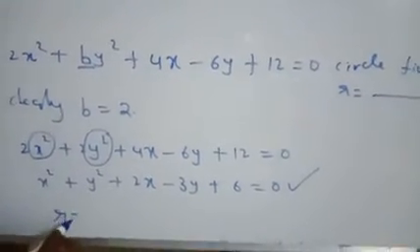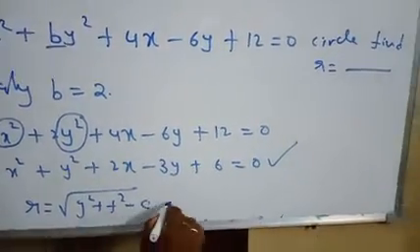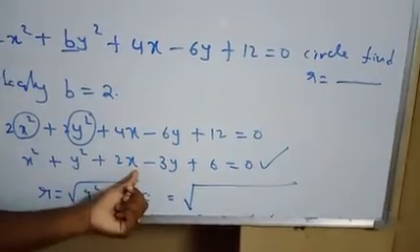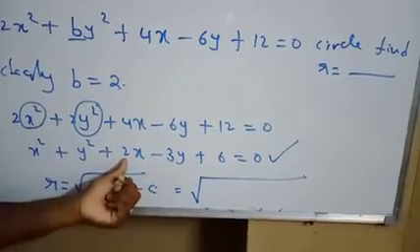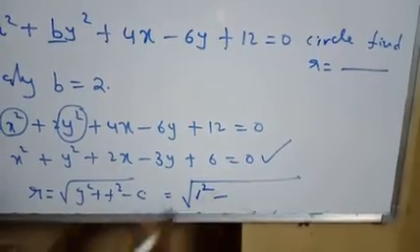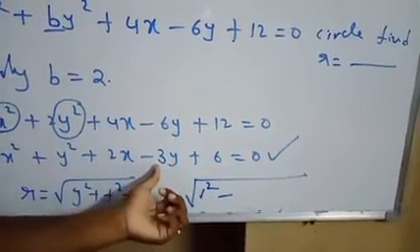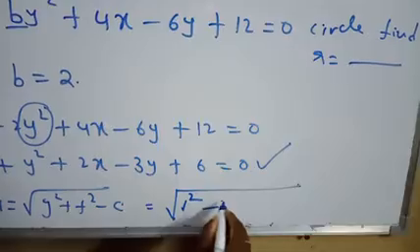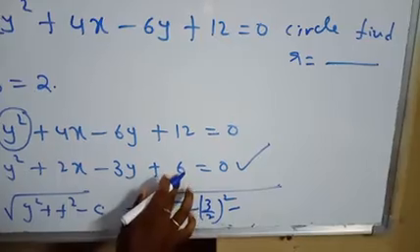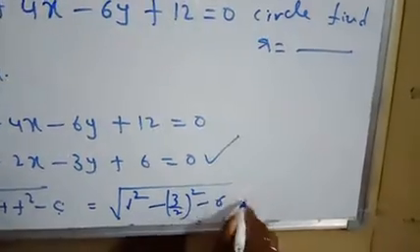Then the radius r is equal to the square root of g² + f² − c. So this implies the square root of, clearly observe, the x coefficient is 2, half of the x coefficient is 1, squared, that is g, plus the coefficient of y is 2f, half of the coefficient of y is 3/2, so (3/2) squared. Here c is 6, so the formula has minus c, that is minus 6. Then we can simplify this one.